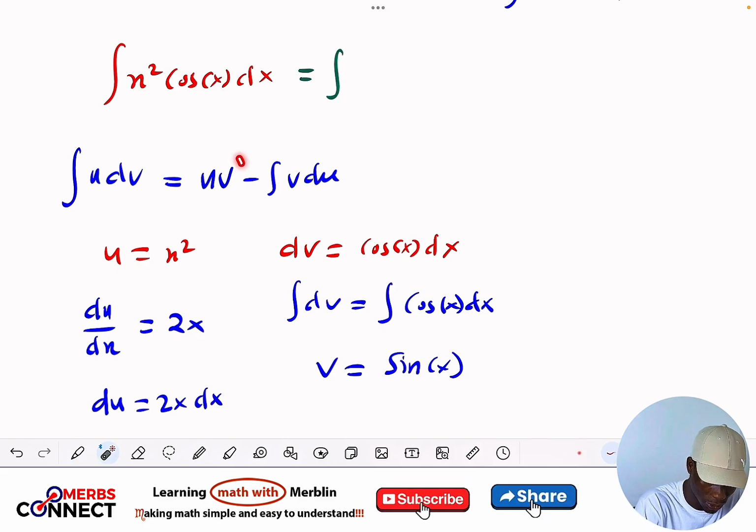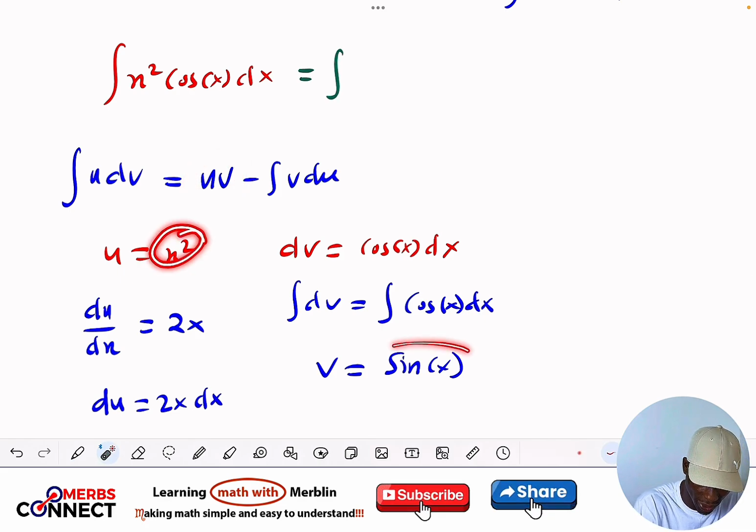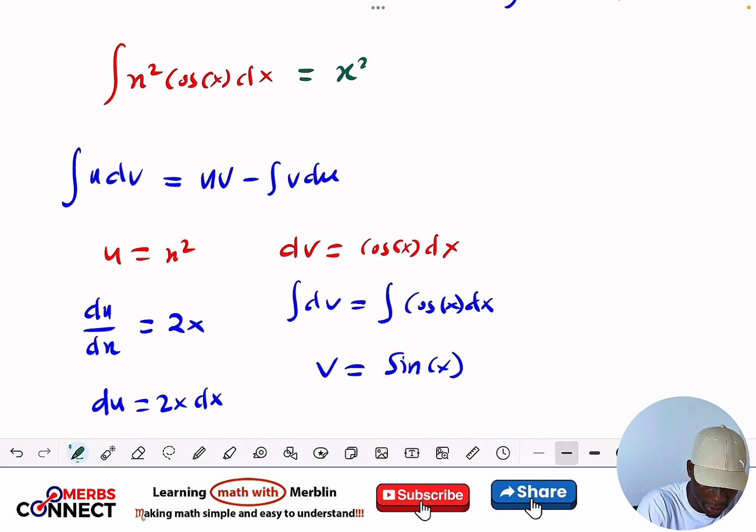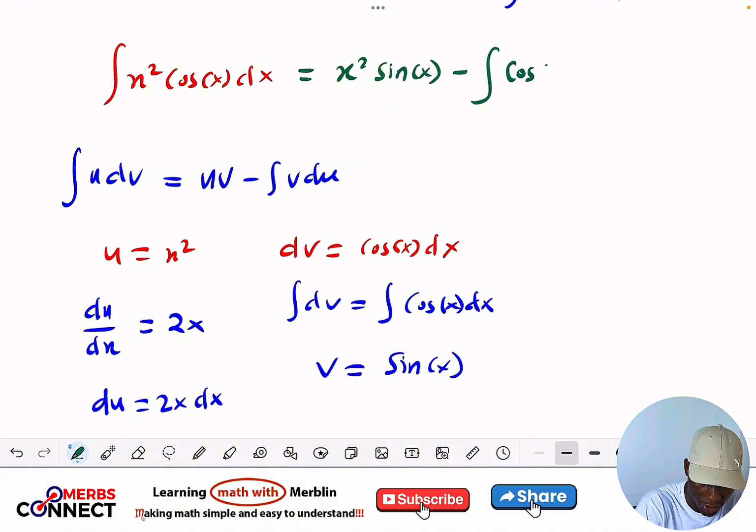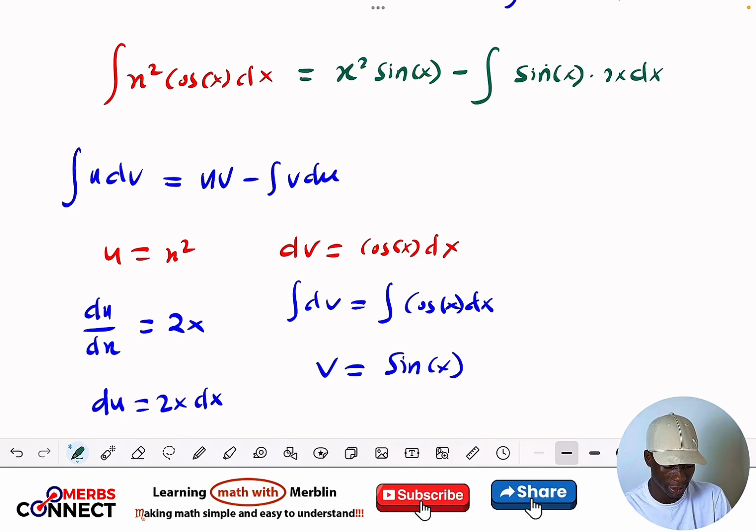So u times v, I'm going to get x squared sine x minus the integral of v times du, so sine x times 2x dx.